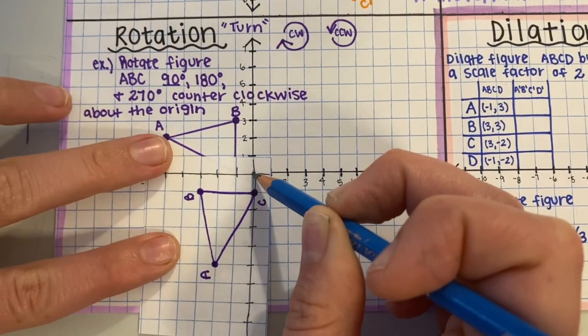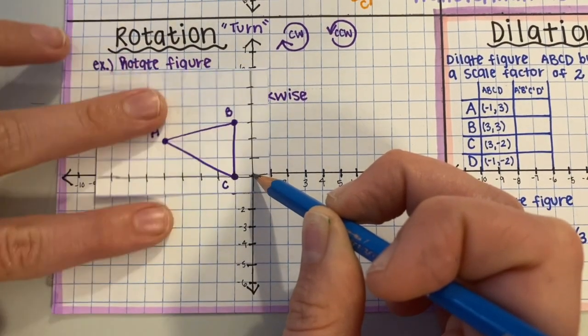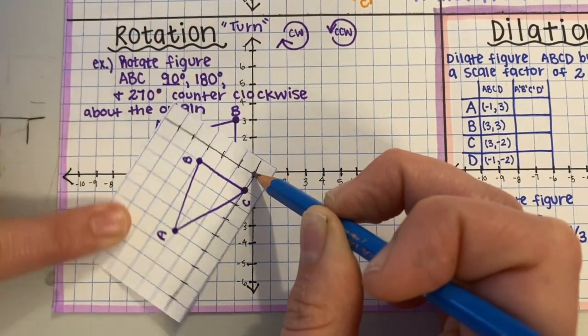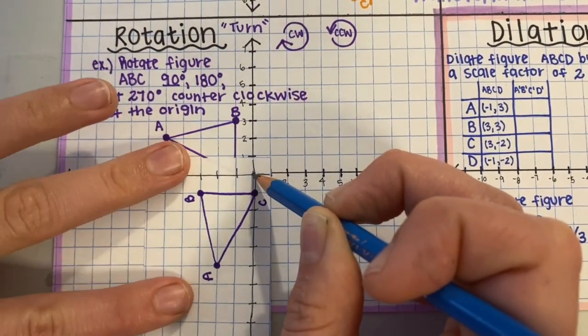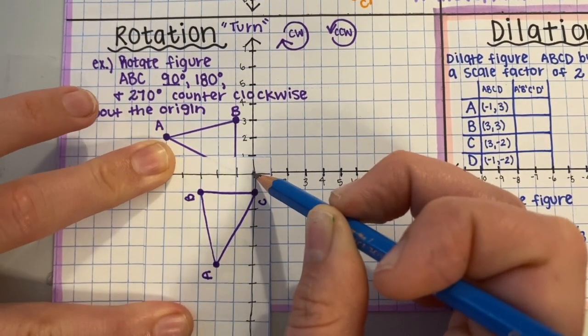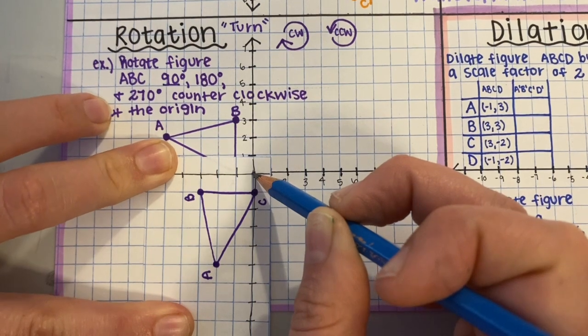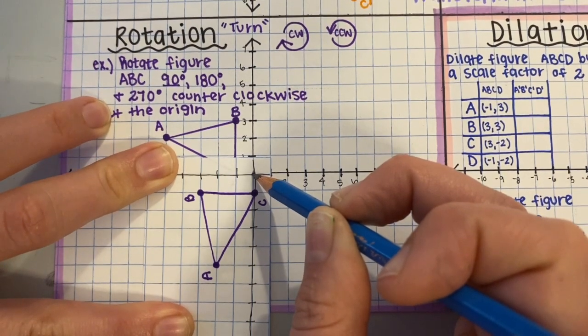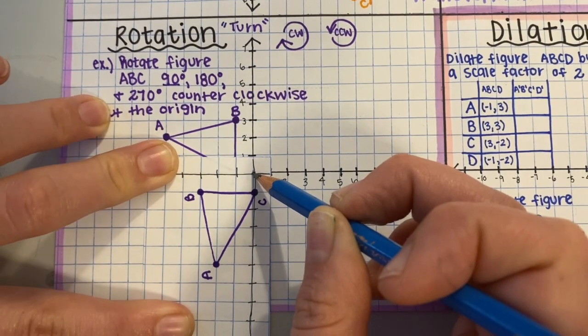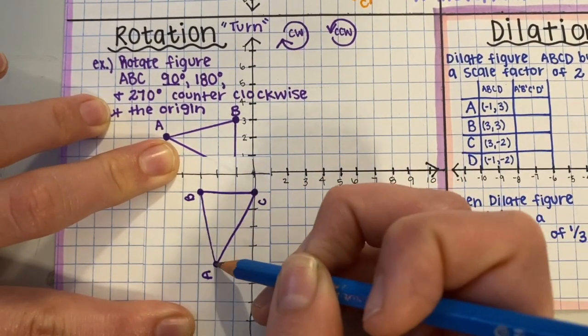So I'm turning it 1 time so that my axes, see how they're aligned here? I'm just turning it once. And that's giving me my new coordinates after 1 rotation, 90 degrees counterclockwise.